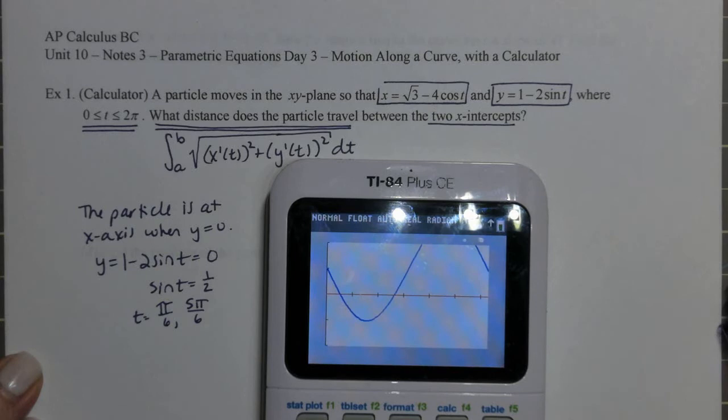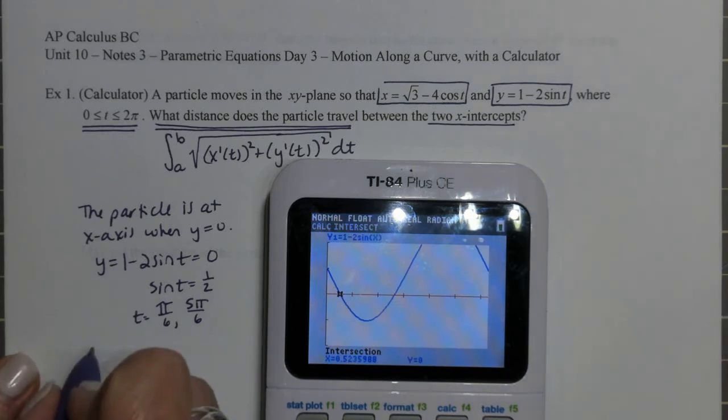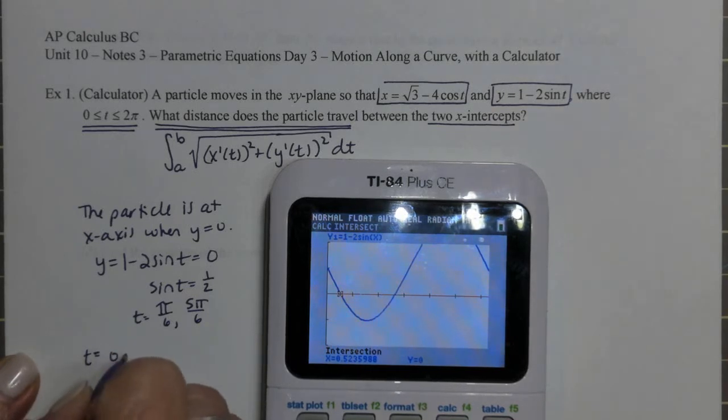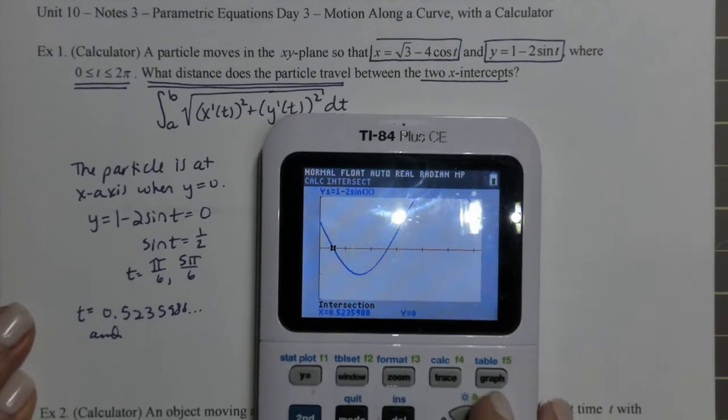So I have second calc 5. Come over here a little bit. Enter, enter, enter. So that's 0.5235988. You could write that down. And remember, you have to write at least 3 decimal places, right?